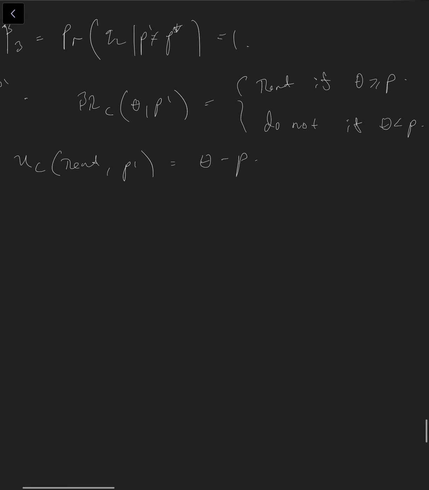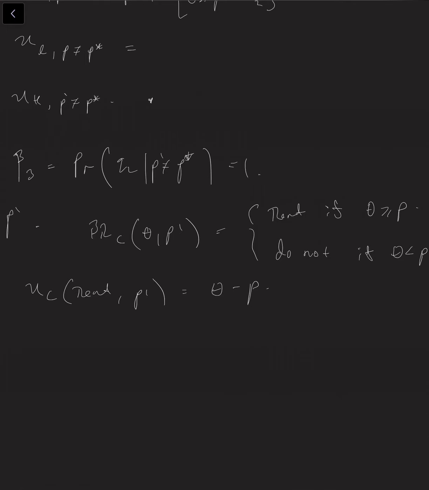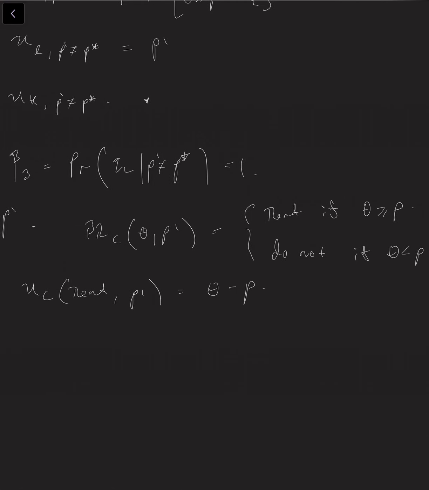So this means that Mary's expected utility from deviating to P prime is going to be P prime times the probability that the customer accepts, which is the probability that theta is greater than P, which is of course just 1 minus P prime.